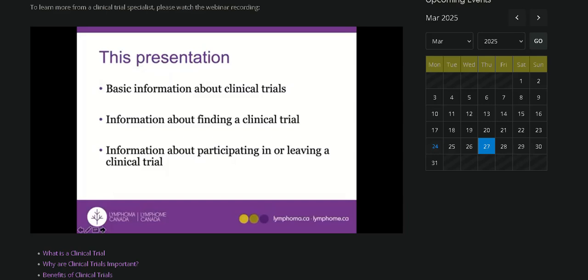We'll talk about basic information related to clinical trials, information about finding a clinical trial, and then information for you about being a participant and maybe even choosing to leave a clinical trial, which is well within your rights. And I know that Sarah will come on at the end and talk about a few specifics about lymphoma trials for you as well.